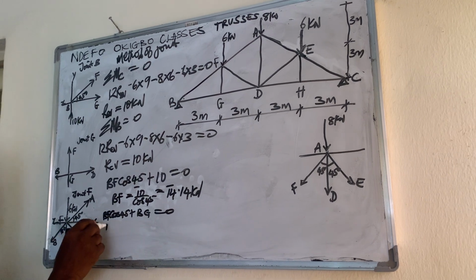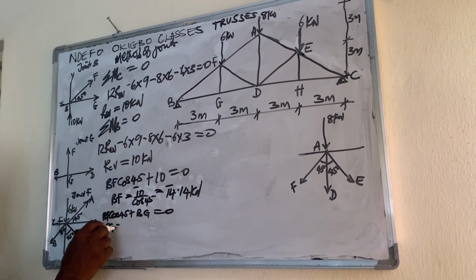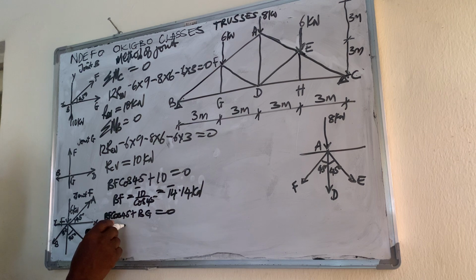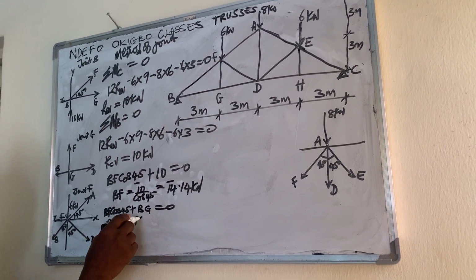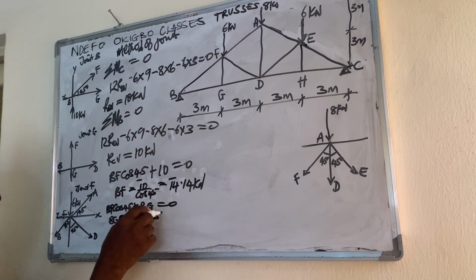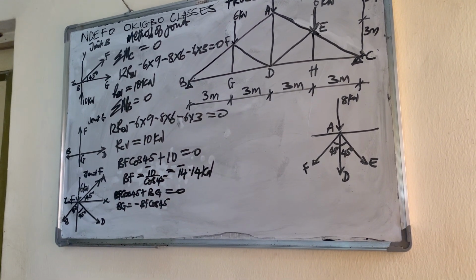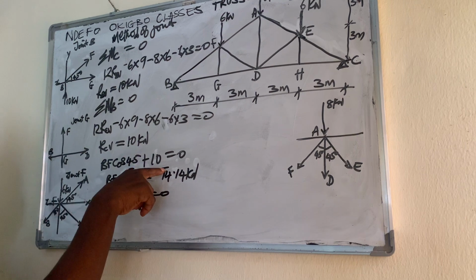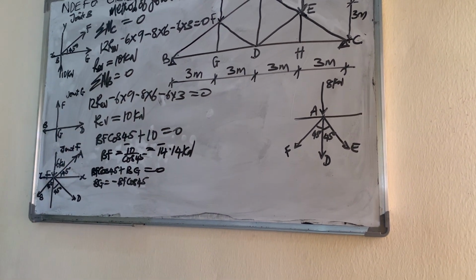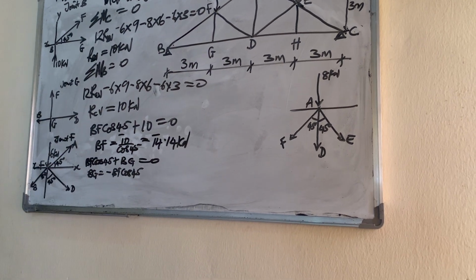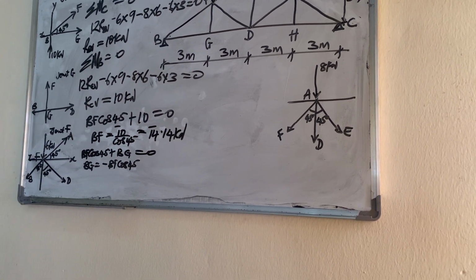So that means BG is equal to minus BF cos 45. And we have gotten BF to be minus 14.14. So minus times minus cos 45 will give us positive.